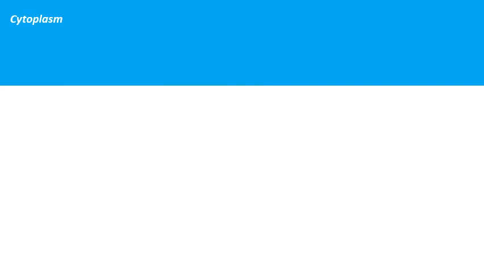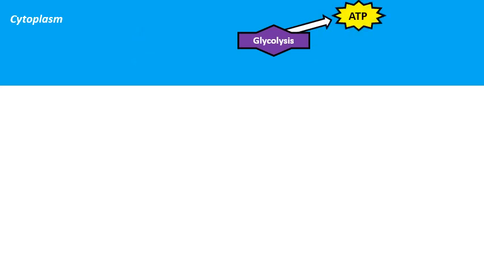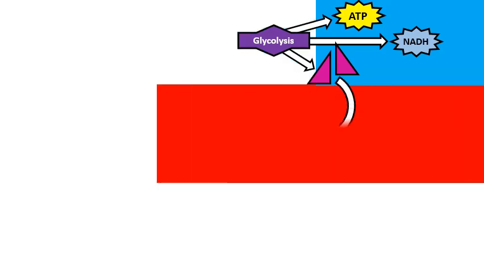Cellular respiration is kind of broken down like this. We start in the cytoplasm with glycolysis, and we begin with one molecule of glucose. We send that glucose through glycolysis, and it releases ATP, a high-energy compound called NADH, and that glucose is split into two 3-carbon pyruvic acids.